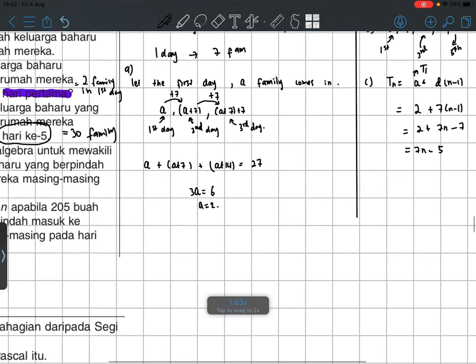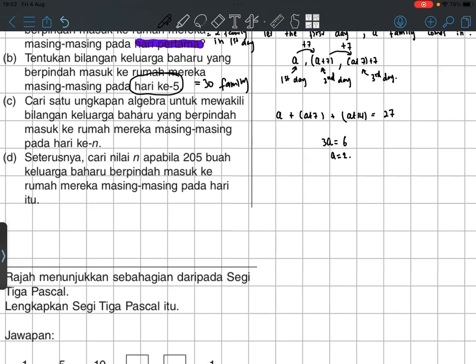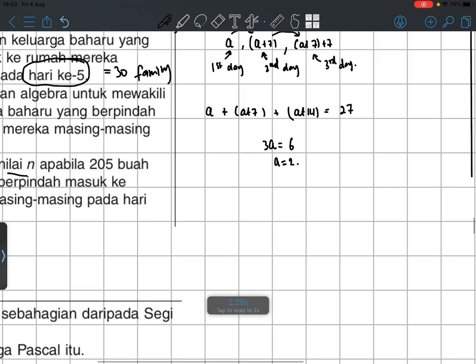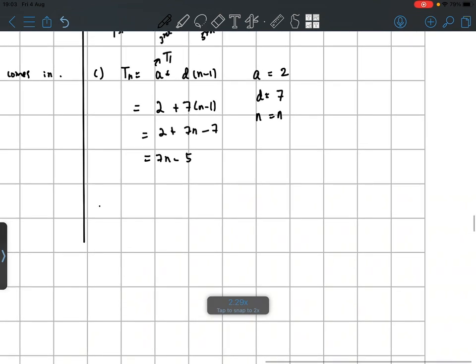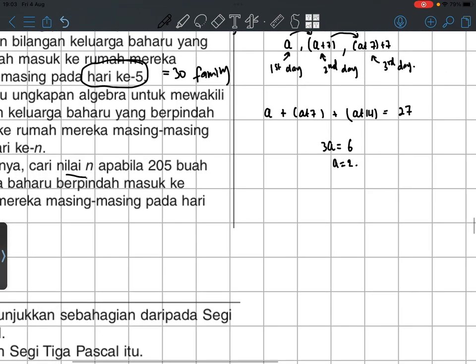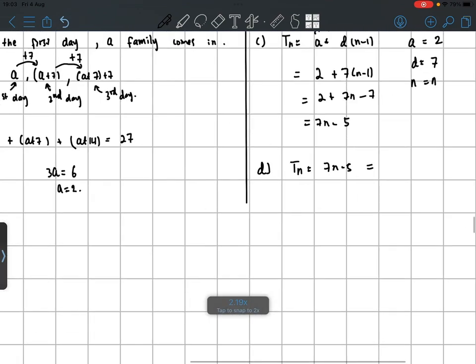Okay, so question D. Next we need to find the value of n when 205 families come in on that day. We know that the Tn formula is 7n minus 5, and this is equivalent to 205 families.